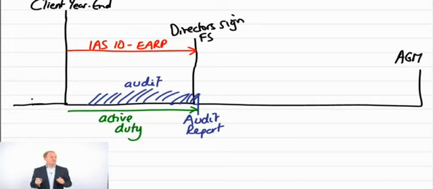Now that's the relatively straightforward bit, as hopefully you remember. The more complicated bit of this audit standard is what happens if we get a problem.